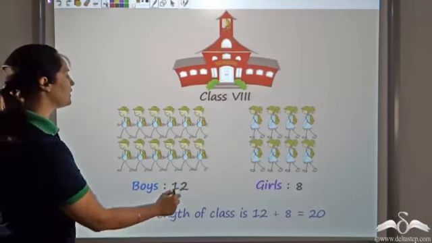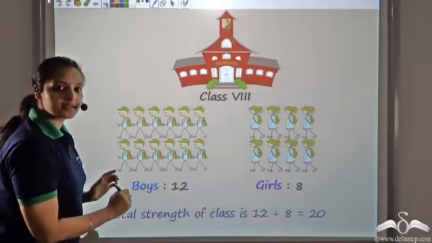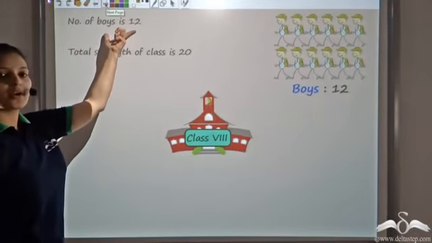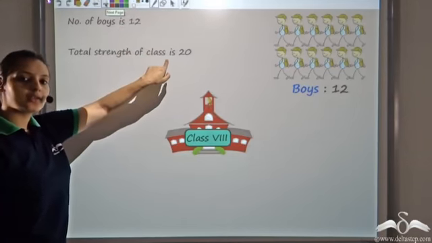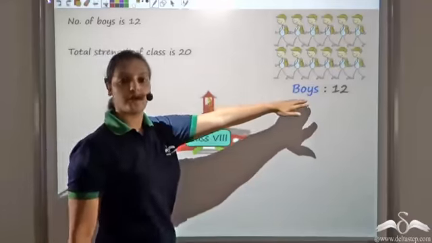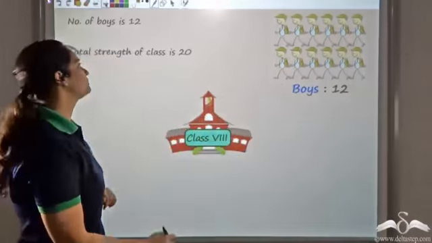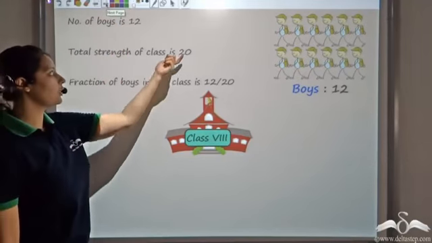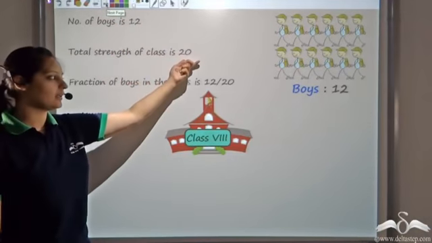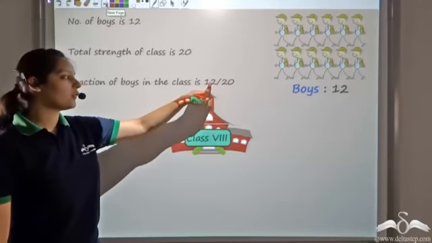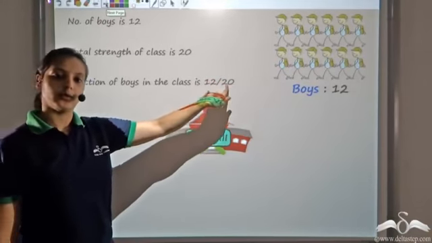Now, if I want to find the strength of boys in the class, I can say that the number of boys is 12 and total students in the class is 20. So I can find the fraction of boys by division. The fraction of boys in the class would be 12 divided by 20. That is, if there are 20 students in a class, 12 of those 20 are boys.